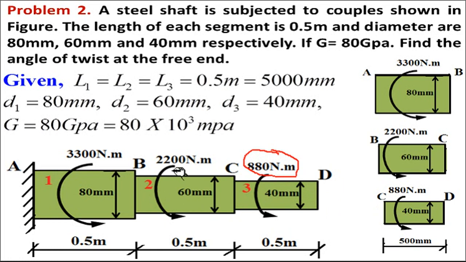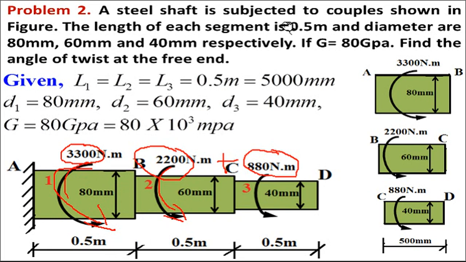But when you come to torque 2, this section is subjected to the given 2200 plus 880. This addition of the two will be the total torque applicable on shaft 2. And similarly on torque 3, it will be 3300 given, plus 2200 plus 880, meaning the torque acting on section 3 will be the addition of all three. Then your answer will be correct.